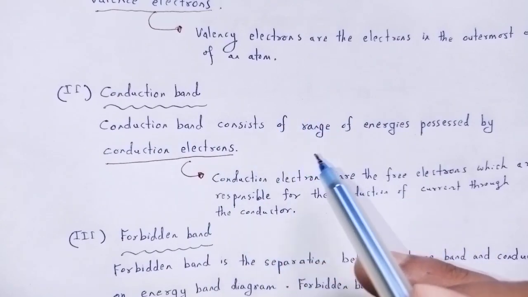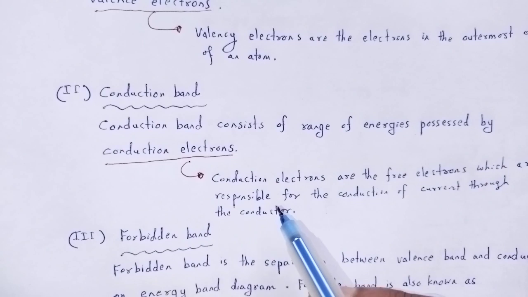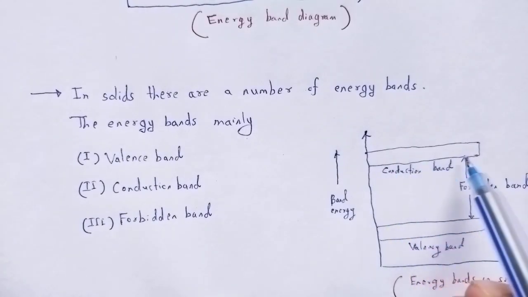So, the conduction band consists of a range of energies possessed by conduction electrons. Conduction electrons are the free electrons which are responsible for the conduction of current through the conductor. This is the conduction band.